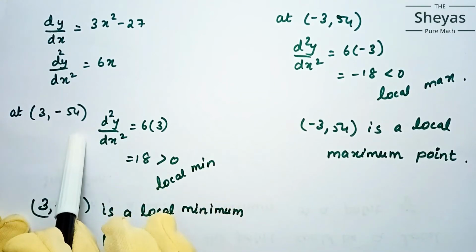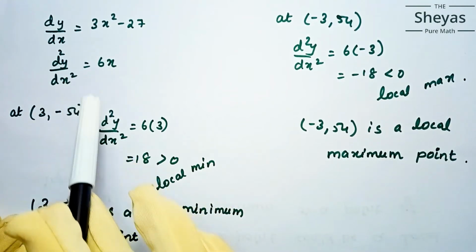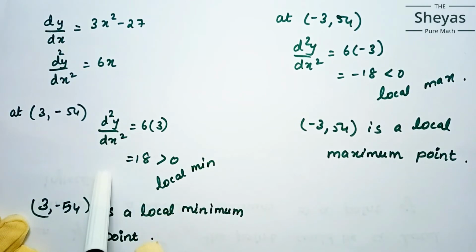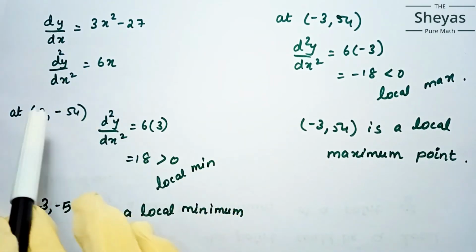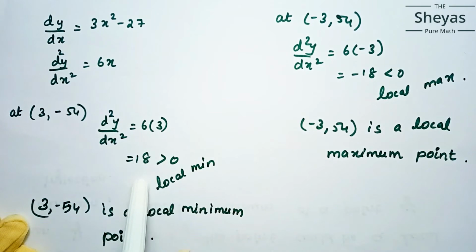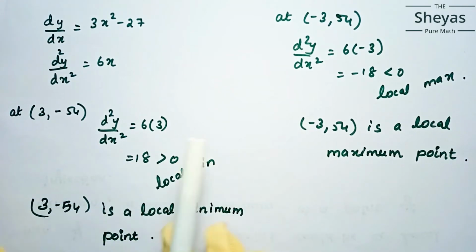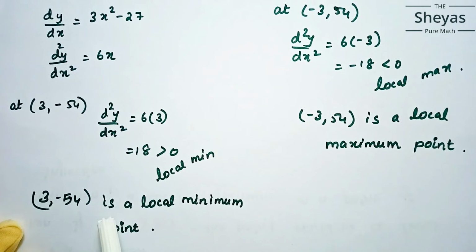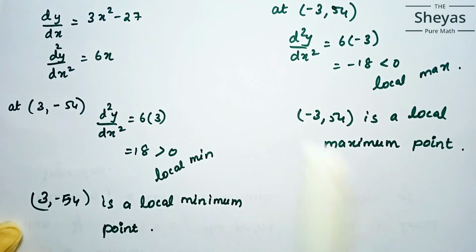Substituting x is equal to 3 in the second derivative, d square y by dx square, you will get 18, which is greater than 0. If the second derivative value is greater than 0, then it is a local minimum, so 3 comma minus 54 is a local minimum point.